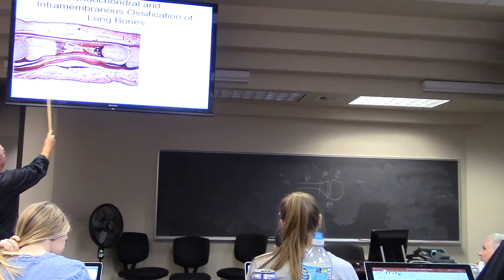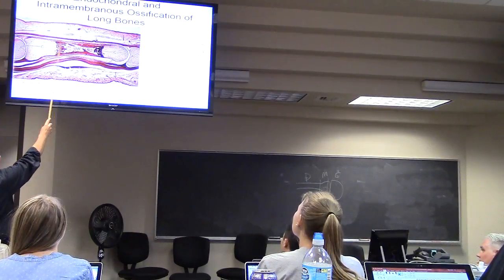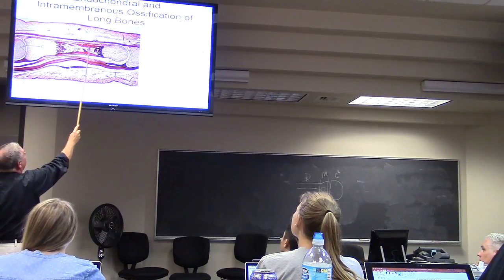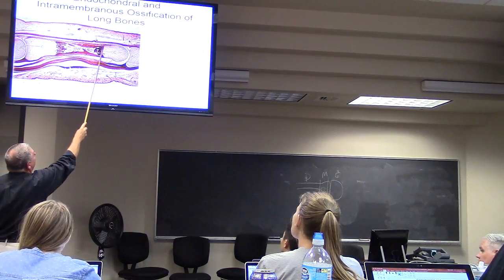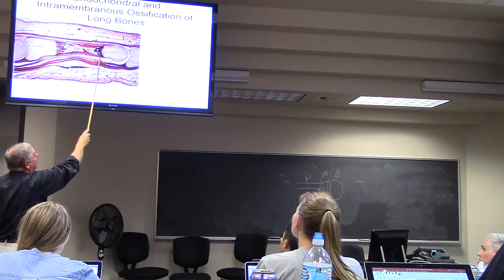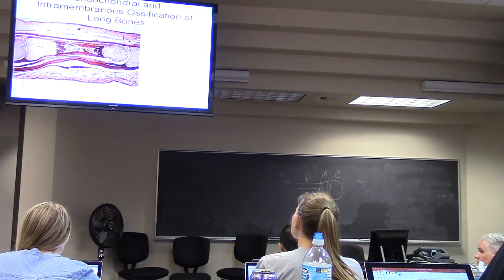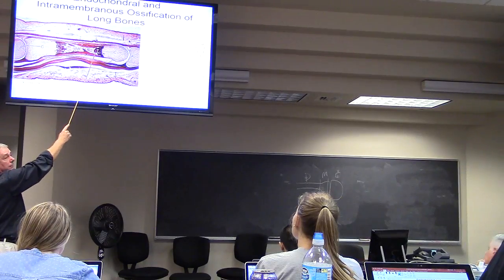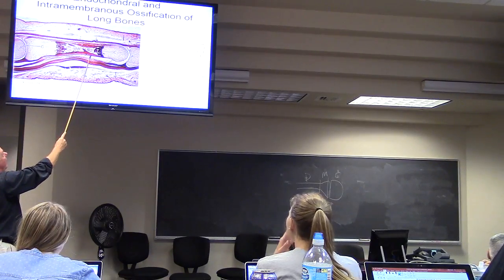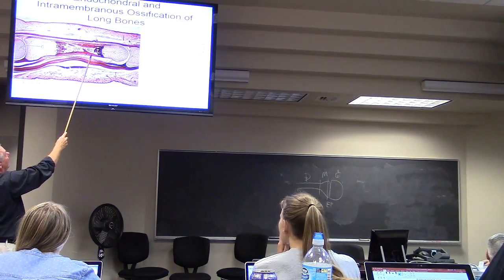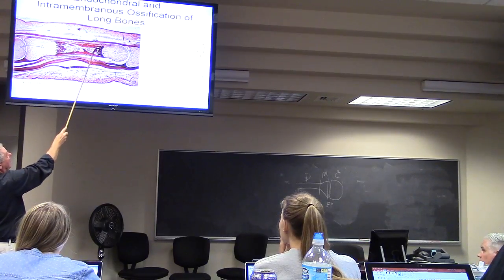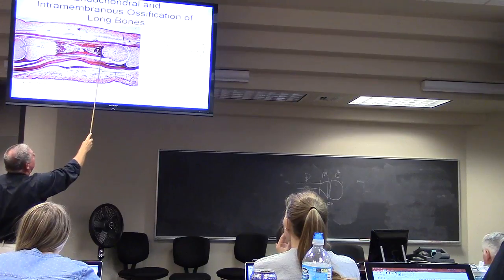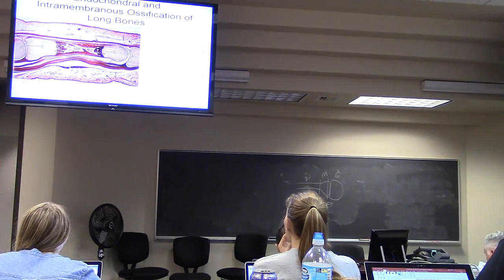Okay, so here's like a finger bone right here. Here's the periosteum around it. This is the primary center. That would become the growth plate eventually, right there. This is intramembranous ossification right here and right there. Excuse me, I'm sorry. The spicules would be intramembranous. That line is endochondral ossification.